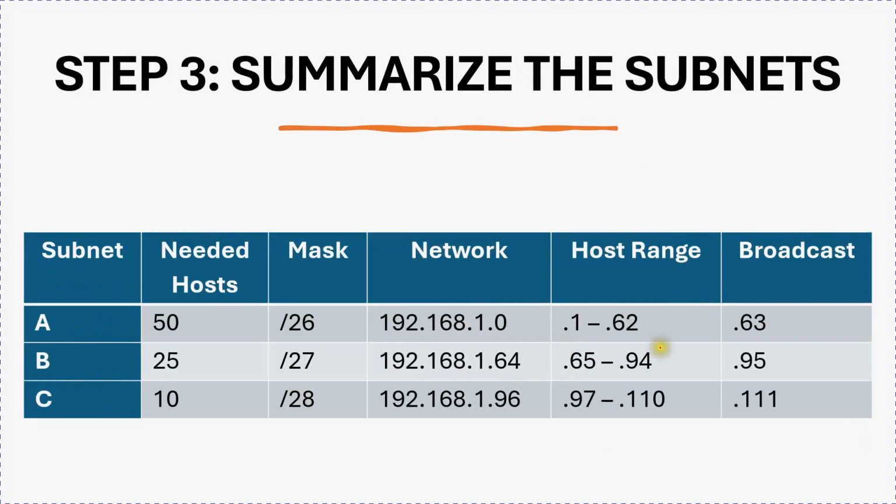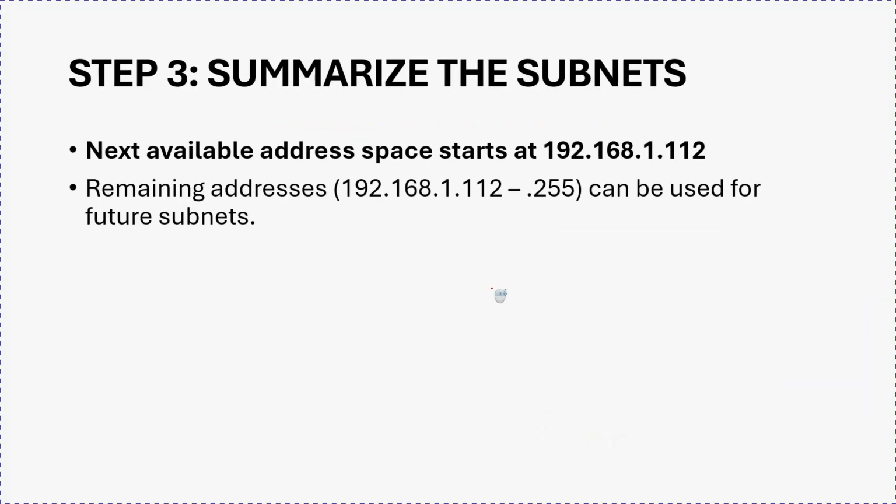Here in this case is the summary of the entire subnet network, from 1.0 to 1.63. This is the usable IP range. This is the network IP, and this is the broadcast IP of your entire network.